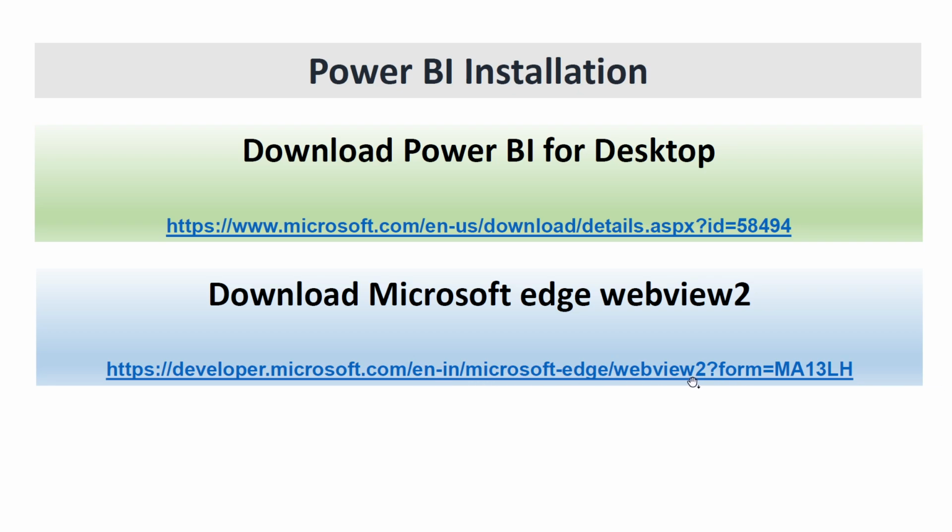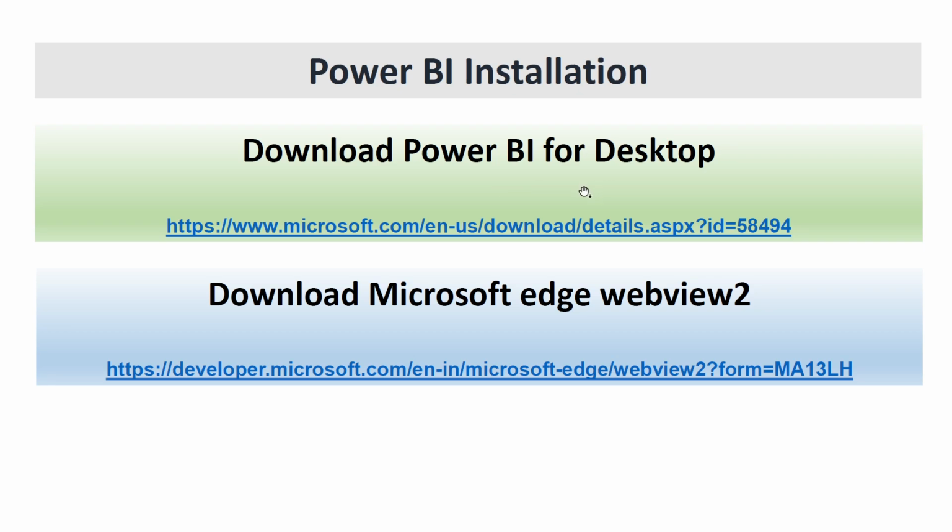If this component is already installed, then Power BI will skip that installation and directly install the Power BI software alone. Let me repeat, if this component is not installed, Power BI will try to install it, and if it is already installed, Power BI will only install the Power BI software.